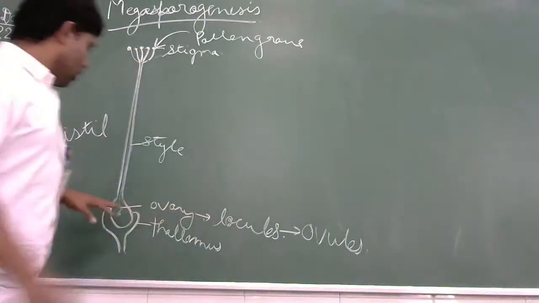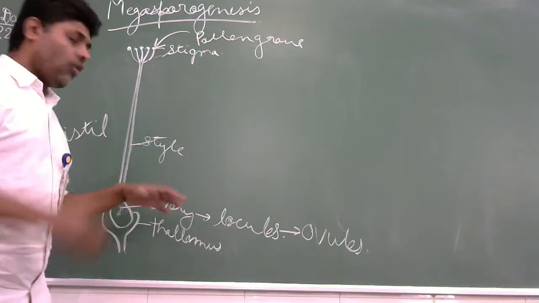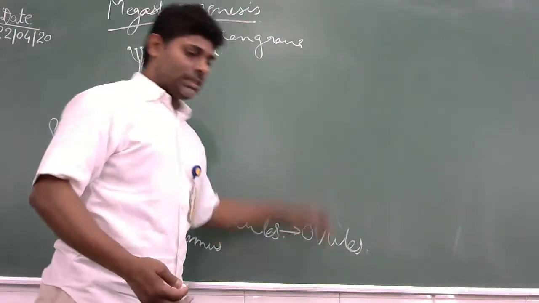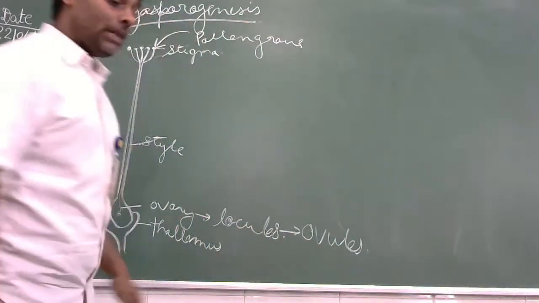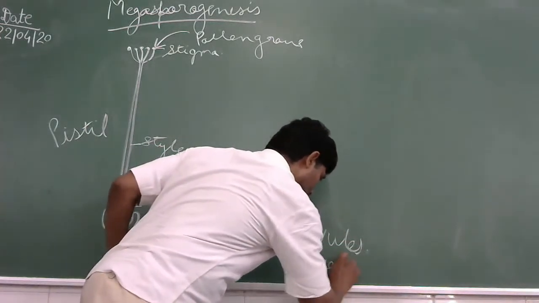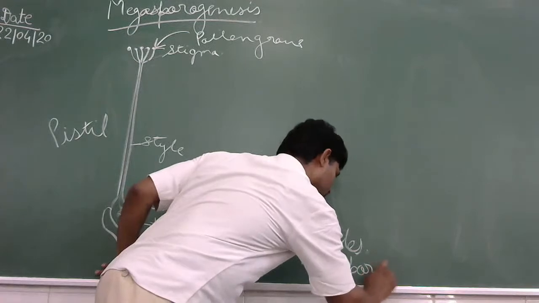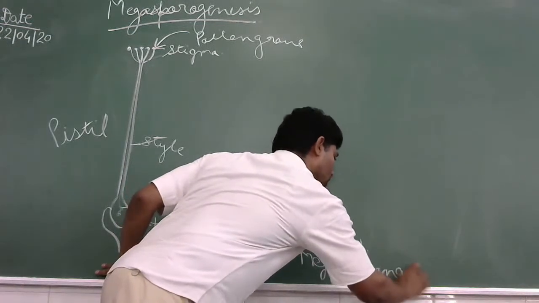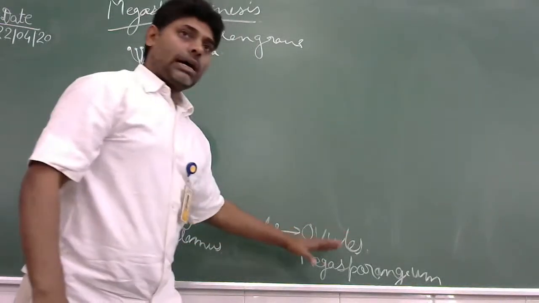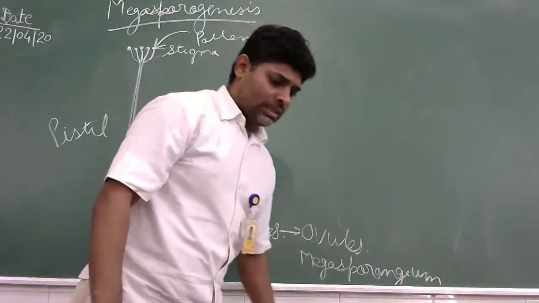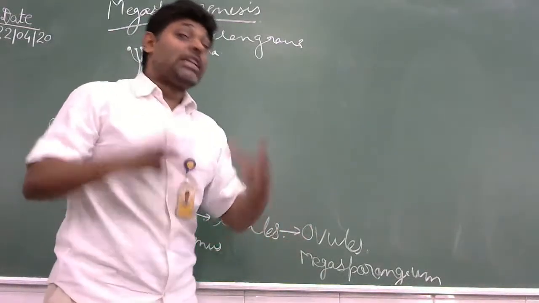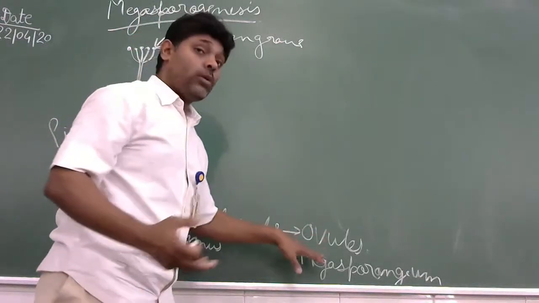Once again, the ovary has the ovarian cavity or locules, which have the ovules, and these ovules are also known as the megasporangium. Is it clear? Okay. And these ovules are arranged in the locules in a particular manner.